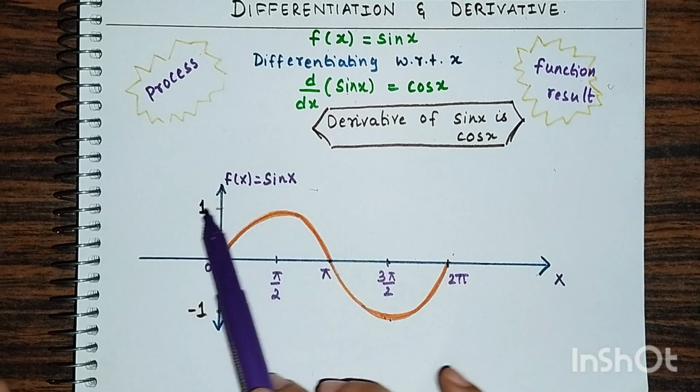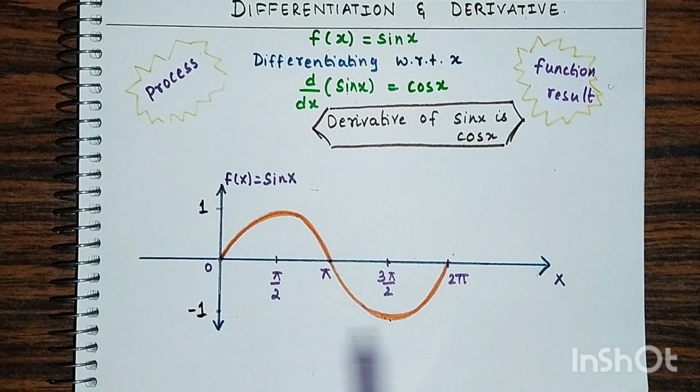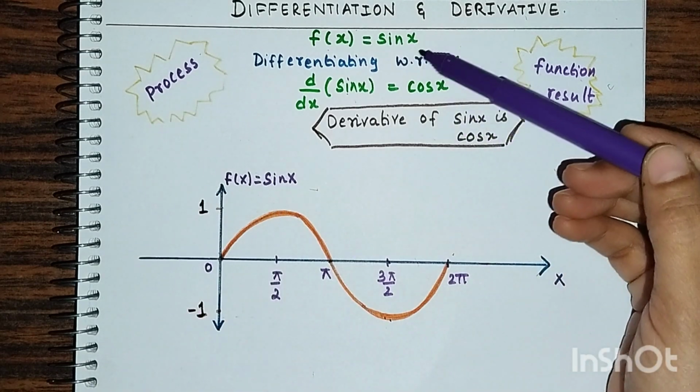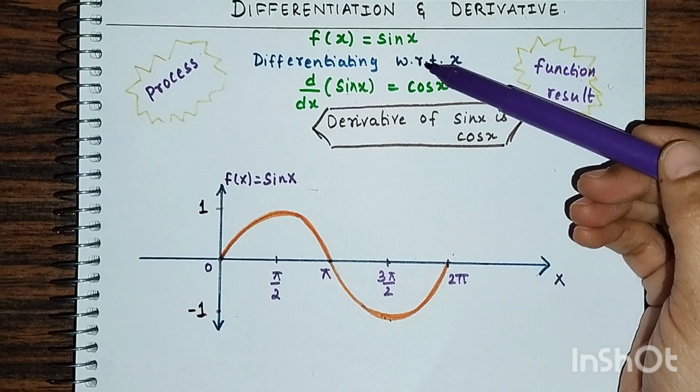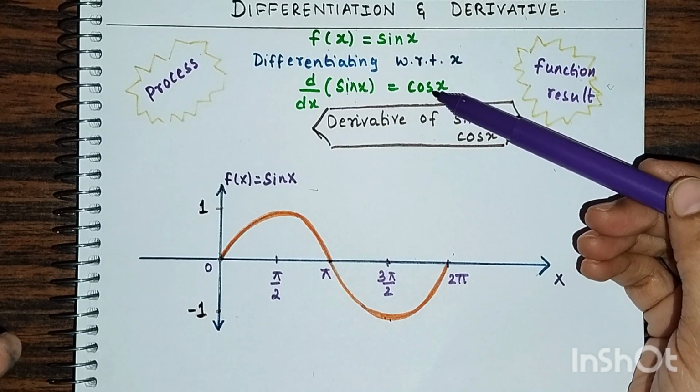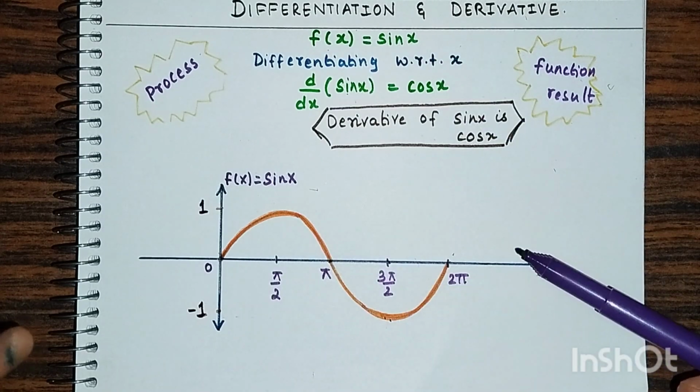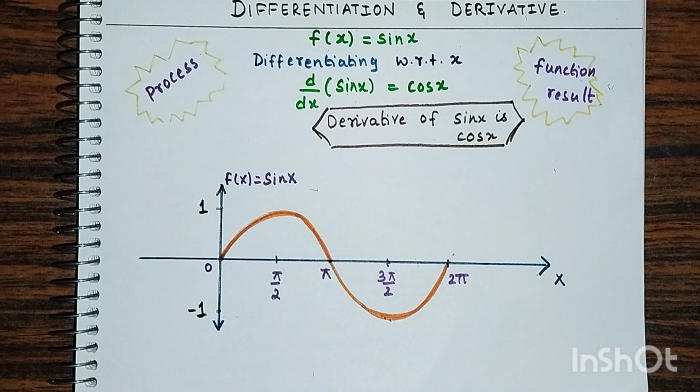Okay, the function is fine. Now we have seen 3 steps, right? Function, differentiation and derivative. So the function is there. Now where are the differentiation and derivative? For that, what we will do is we will take one point as input.